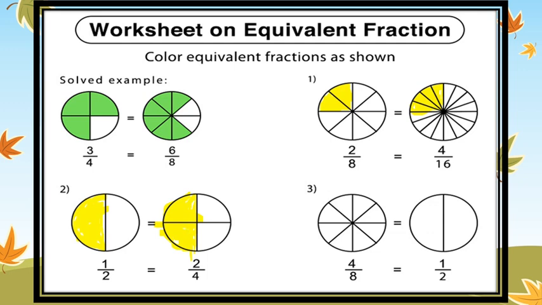That both of them have covered the same equal area of the circle. Here also half of the circle is shaded and here also half of the circle is shaded.